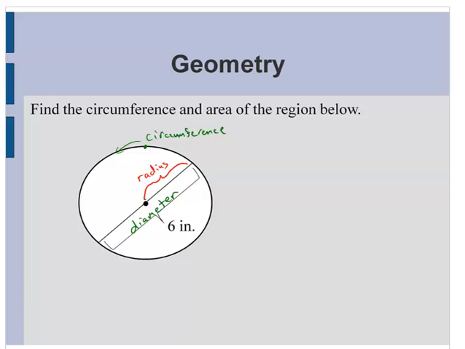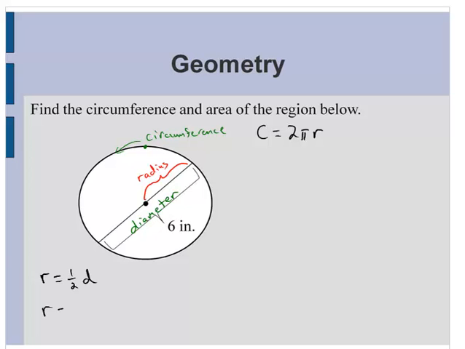The circumference is known to be 2 pi times the radius, 2 pi r. Now, it is known that the radius is half of the diameter.